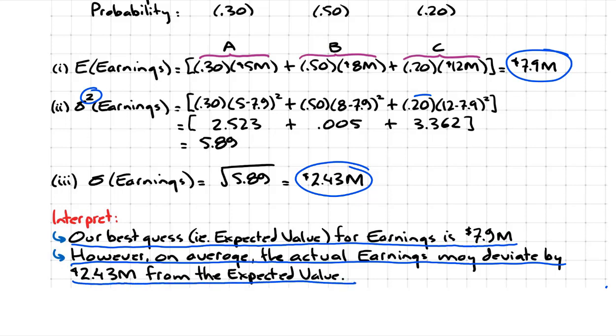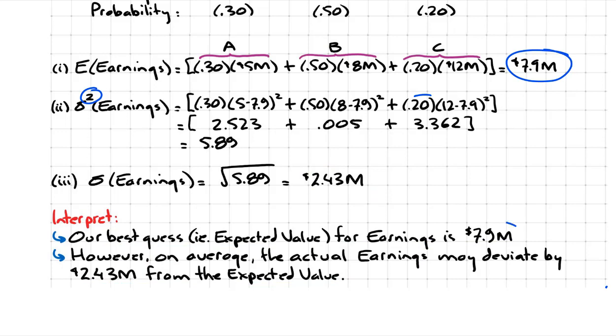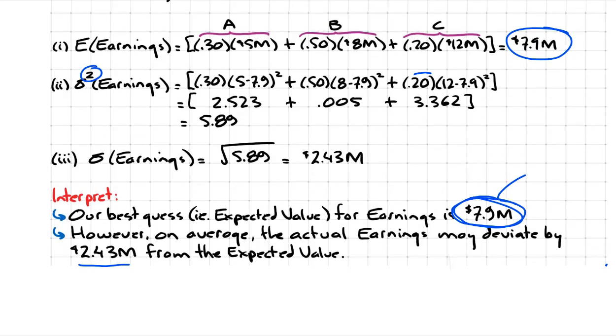And you really have to understand what's going on here. This is just the average. So an astute analyst, like a really good analyst, will say, okay, that's just the average, but how dispersed are the individual observations on average around this mean, if you will? Well, on average, the individual observations deviate from the mean by about 2.43 million.